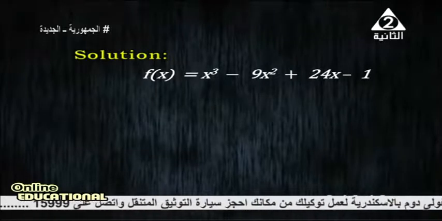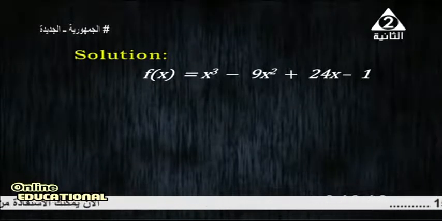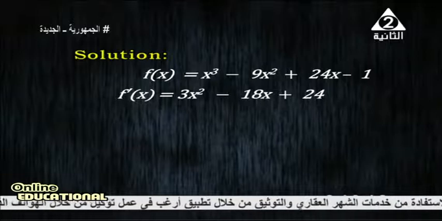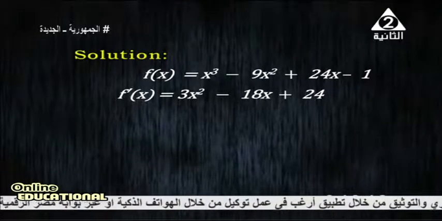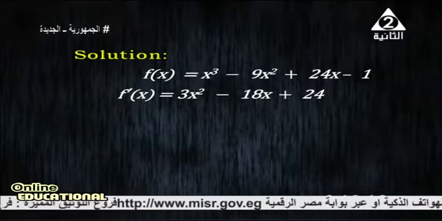What is the first derivative of this function? The first derivative is f dash x equals 3x power 2 minus 18x plus 24.